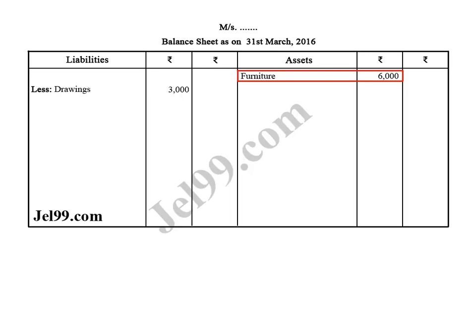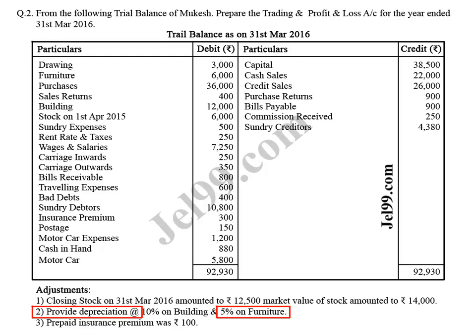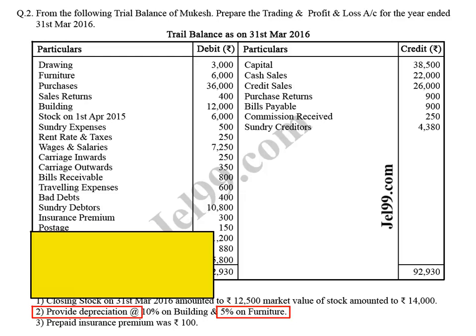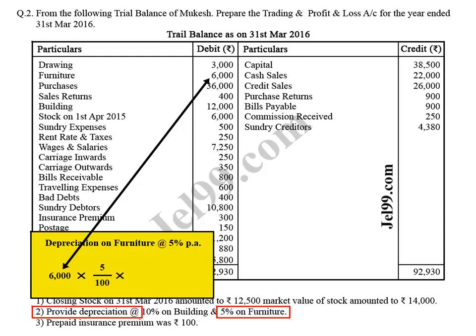Number 2. Provide depreciation at 5% on furniture, so calculation of depreciation is depreciation on furniture at 5% per annum, so 6,000 into 5 upon 100 into 12 upon 12 months, 0 cancel, 12 cancel, 60 into 5 is equal to 300, so the depreciation is equal to 300.